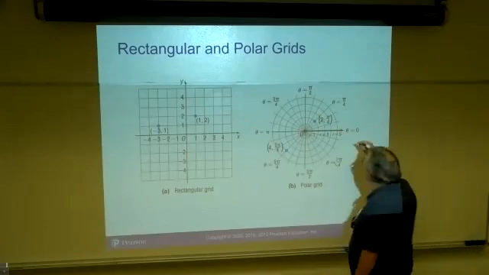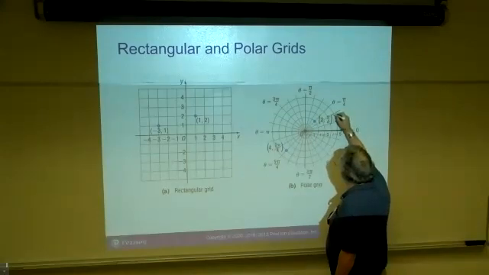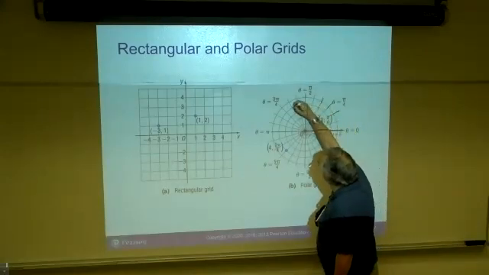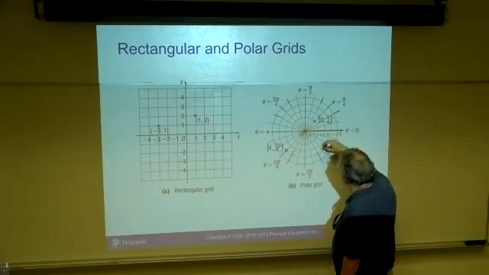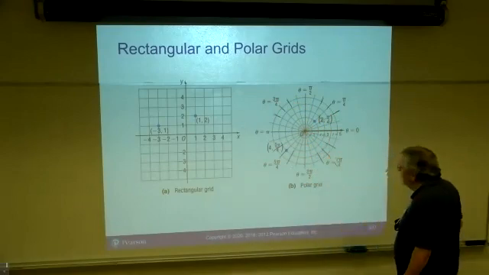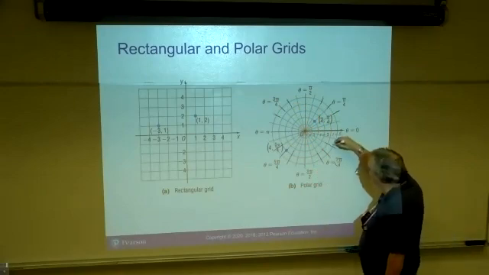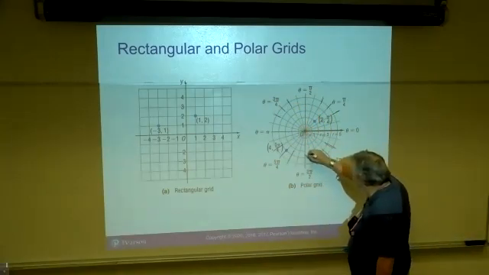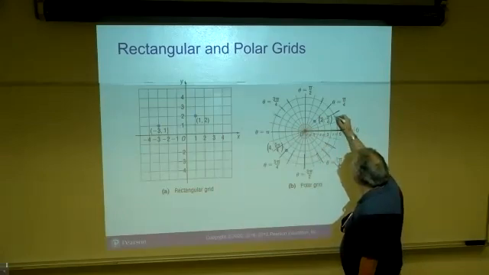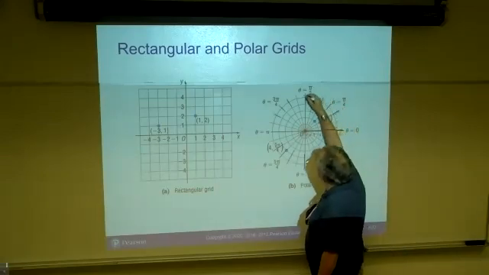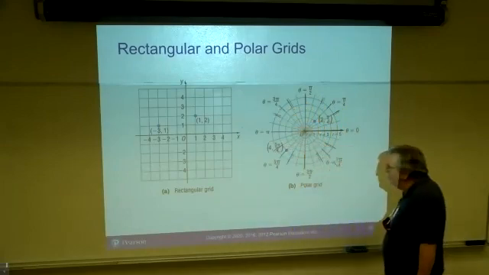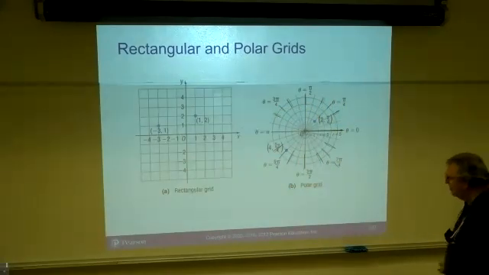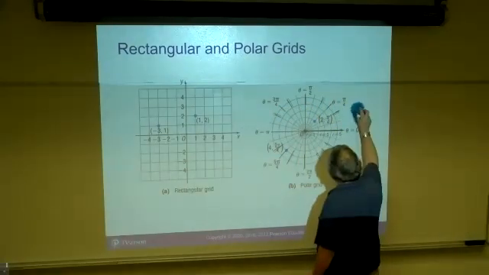But the angles we typically deal with are these, along with the quadrantal angles. They tend to just use the 30-degree angles as well as the quadrantal angles. But sometimes the textbook uses more angles than that. It just depends upon the whim of the author.